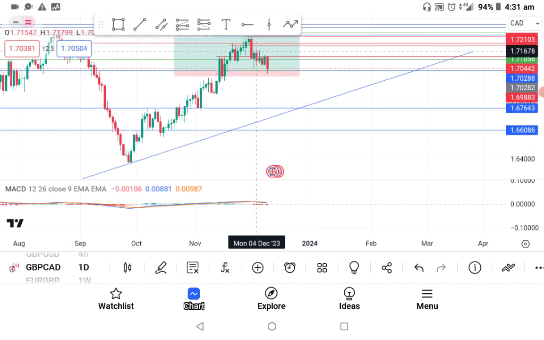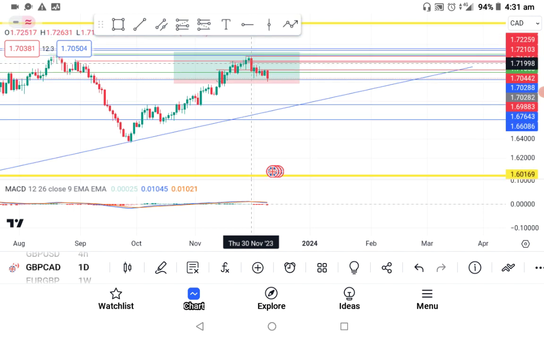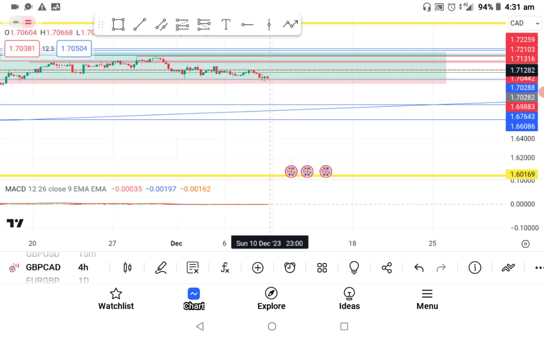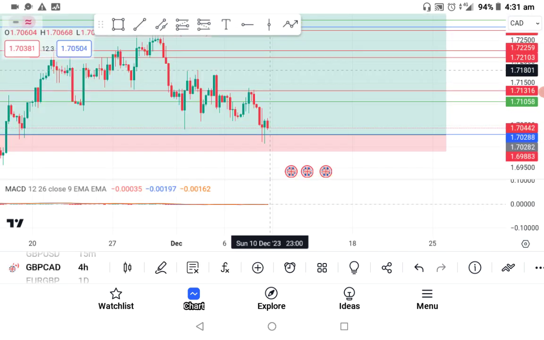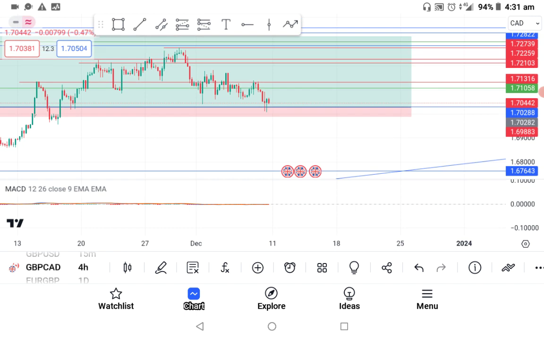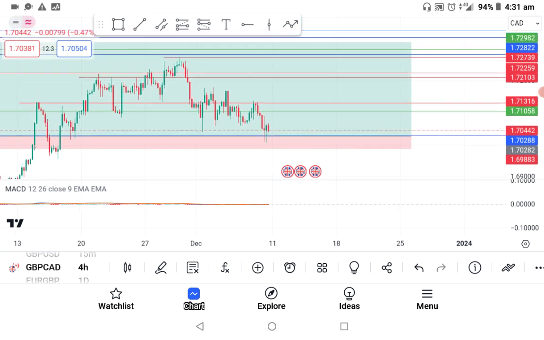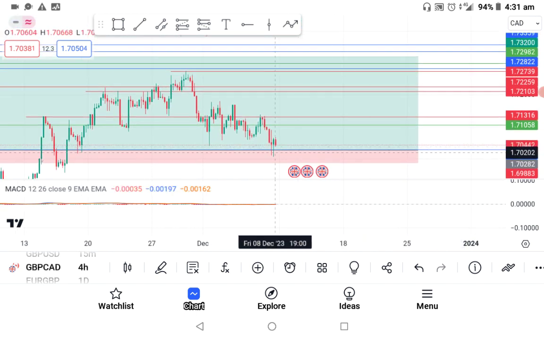On daily time frame, it also signals that it's a buy. And on the 4 hour time frame, you can see it touches this line and it shows a sign that it's going to trend up.